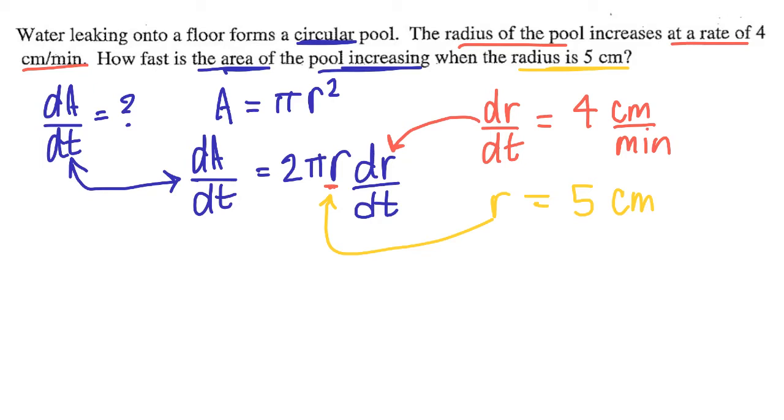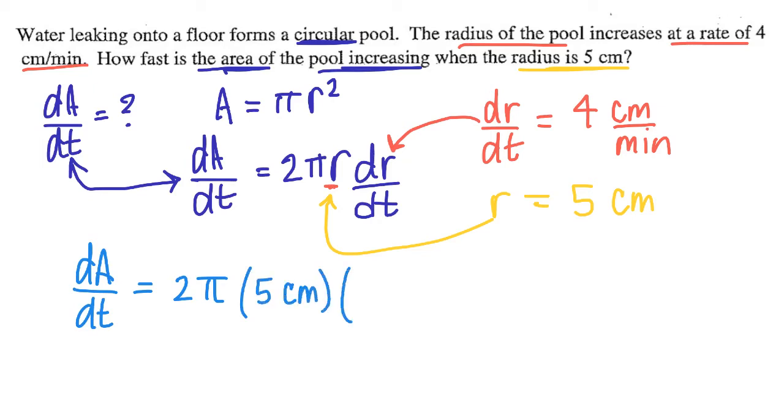So let's go ahead and plug in. I don't know what dA over dt is. That's what we're looking for. It equals 2 pi, and always leave pi in your answer, times 5 centimeters, times the rate of change of my radius, 4 centimeters per minute.